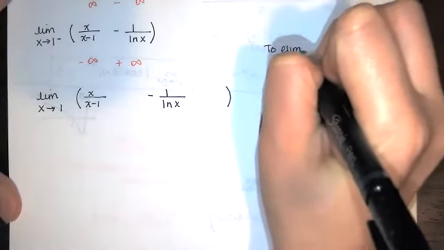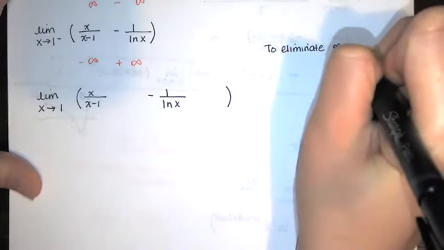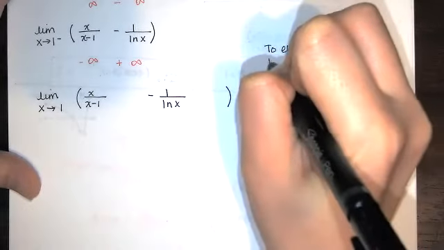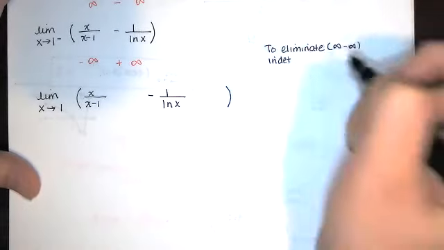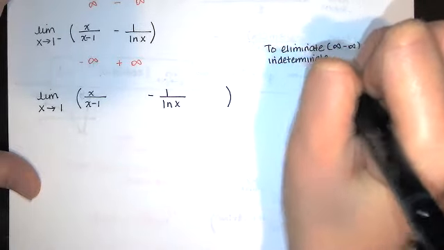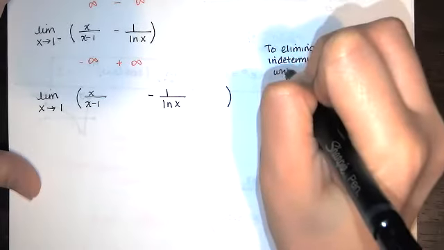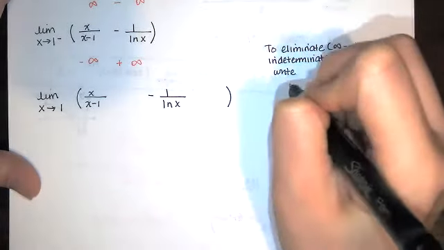To eliminate the infinity minus infinity indeterminate form, you're going to try to write that function that you're taking the limit of.